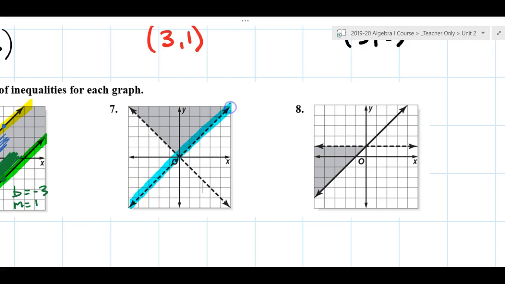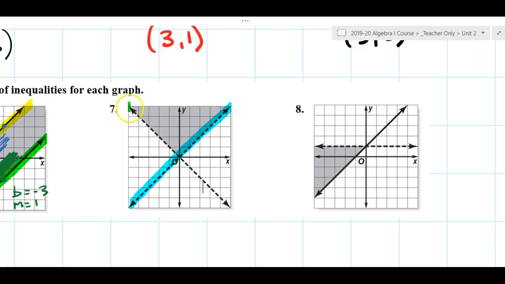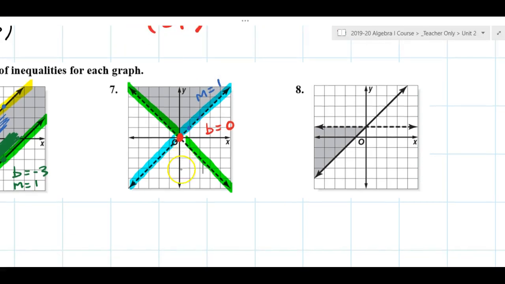All right, looking at this line, it's like they both go through the origin. So the y-intercept is going to be 0. So b is going to equal 0 for both lines. We find the slope. It's like up 1, right 1 for my blue line. Slope is 1. For my green line, I need to go down and to the right, so I'm going in a negative direction.